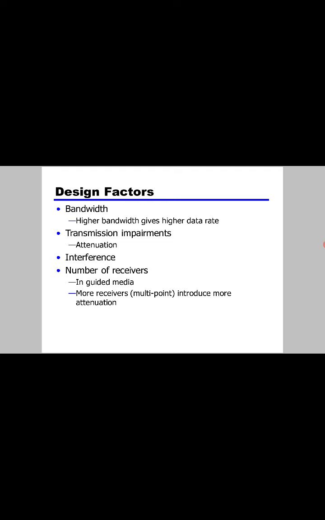And transmission impairments means attenuation and interference between the medium. Number of receivers also. Number of receivers means how many receiving stations are used in guided media.